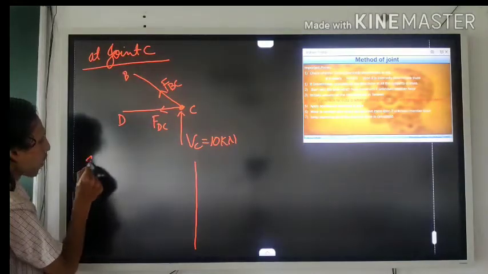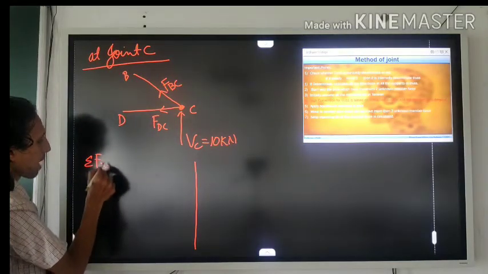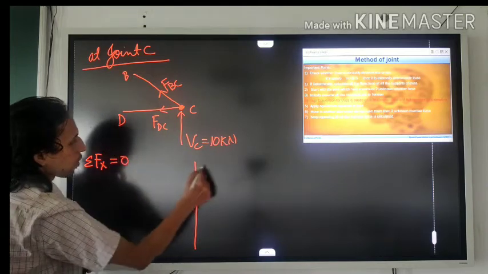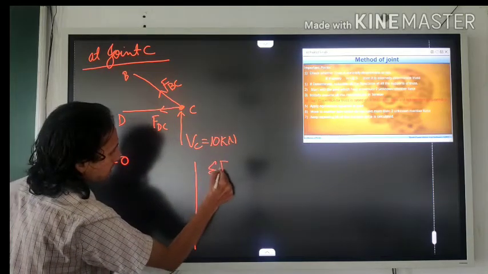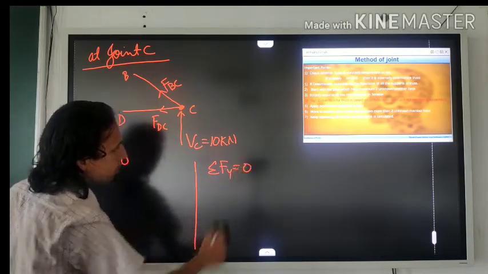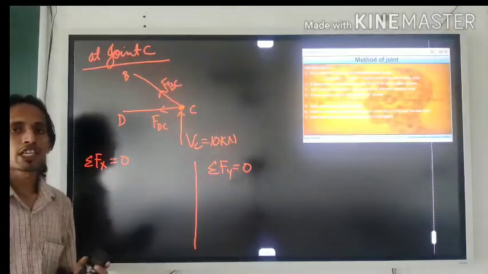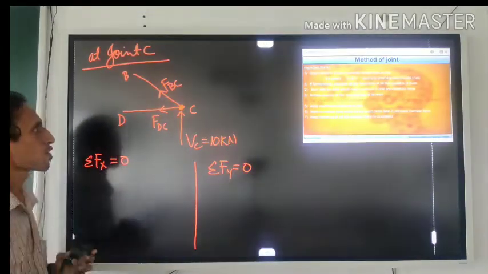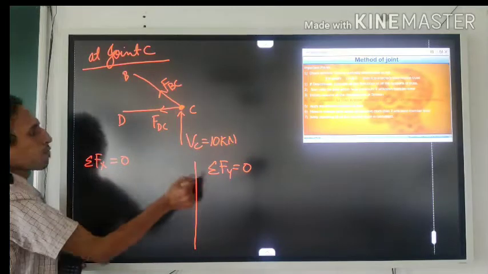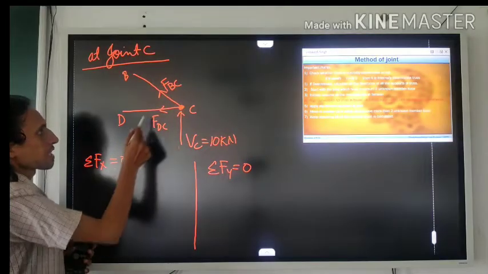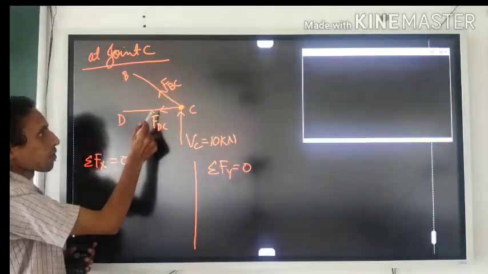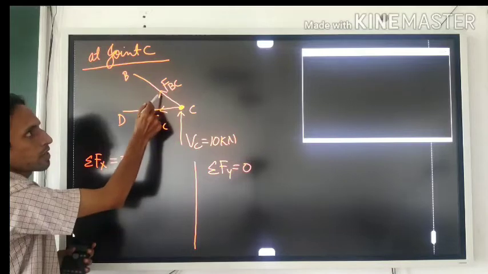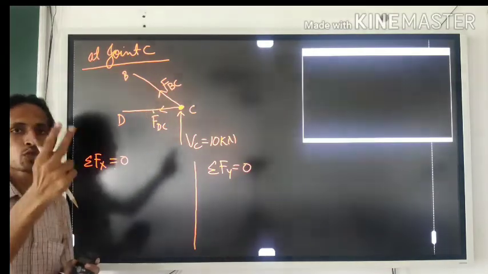So you have two options: summation of Fx is equal to 0, or another choice is summation of Fy is equal to 0. Which choice will you pick first? See here, for x direction there is one force and a component of another, so there will be two unknowns.